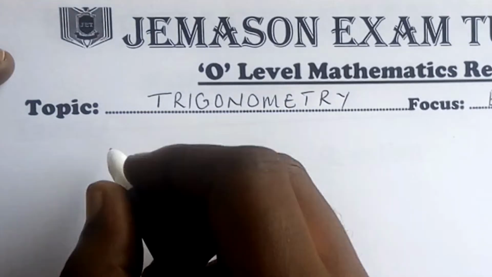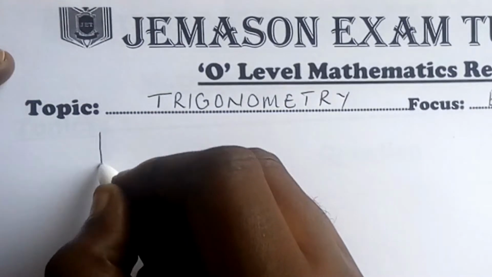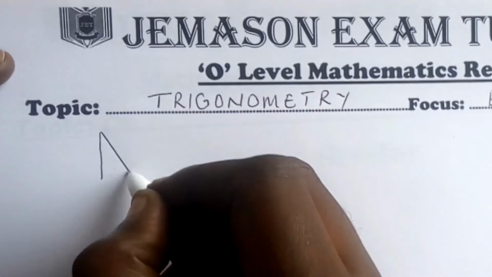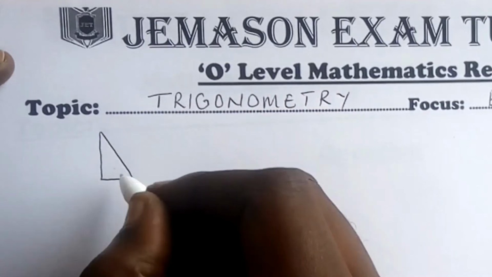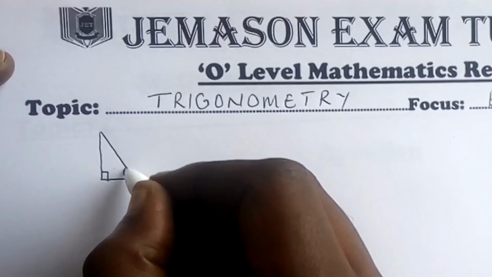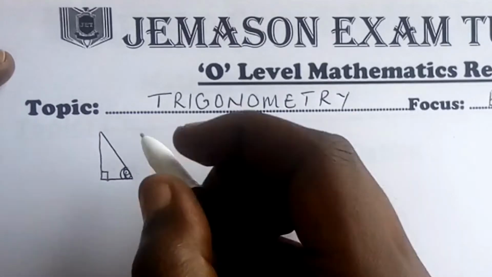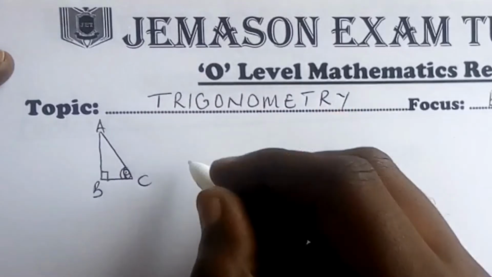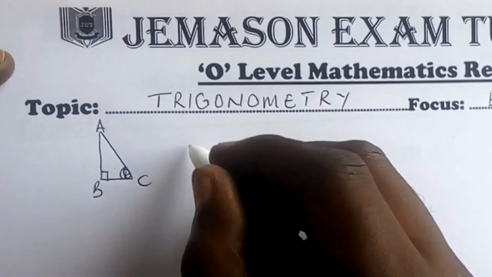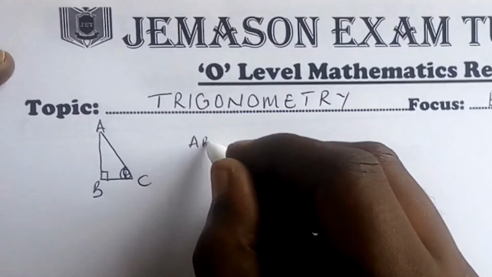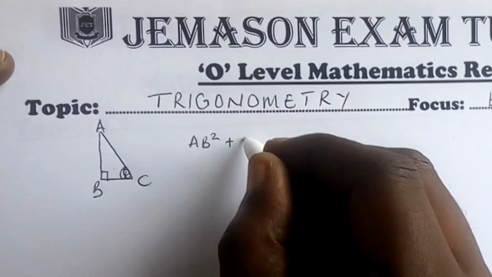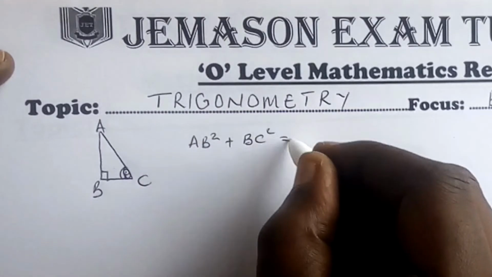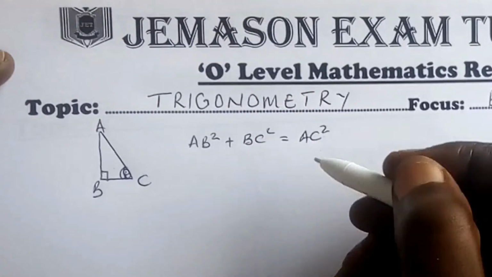We have first a right-angled triangle, and if I have an angle there, ABC, then by Pythagoras theorem I can be talking of AB squared plus BC squared equals AC squared.